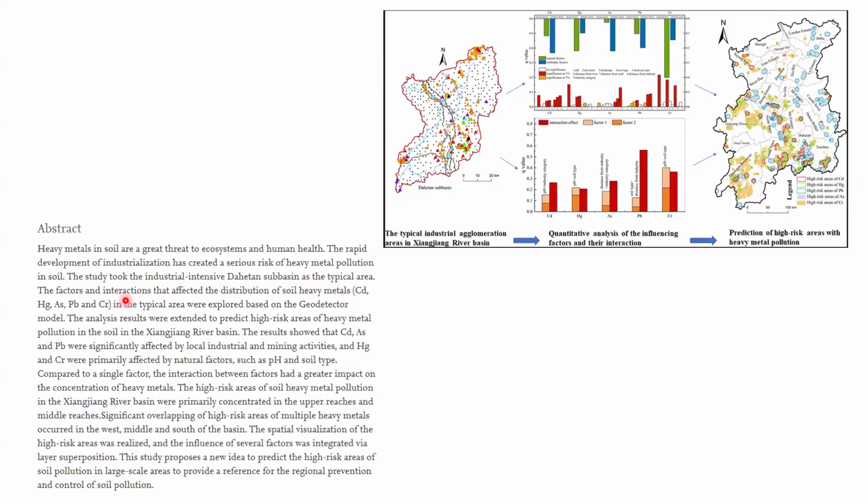The factors and interaction affected distribution of soil heavy metals, cadmium, mercury, arsenic, lead, chromium, and the results showed that cadmium, arsenic, chromium were primarily affected by the natural factors, pH, soil. All these are described here, right? Without referring to these numbers or anything. If these are complementary to each other, it is easy for the reader to understand what the authors are trying to say, right?